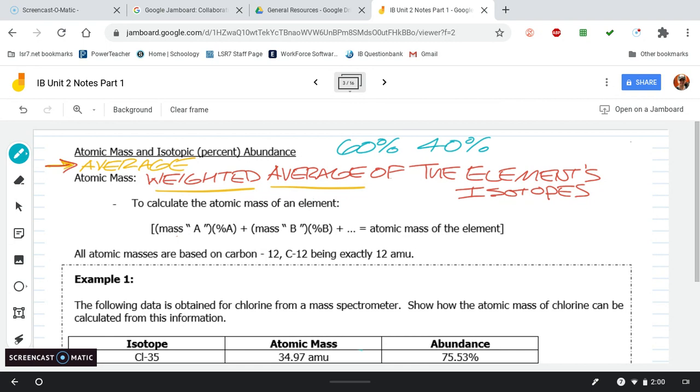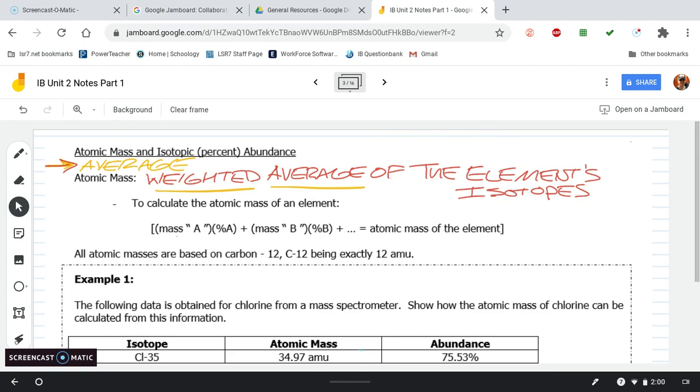So, like if you have an 85 in the 60% and a 65 in the 40%, when we take 85 times 0.6 plus 65 times 0.4, that gives you your grade. Well, this is no different, right? So you just take mass times percent plus mass times percent, and you add them up. So it's really, really easy.